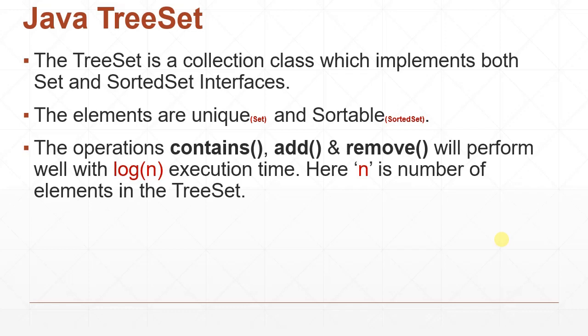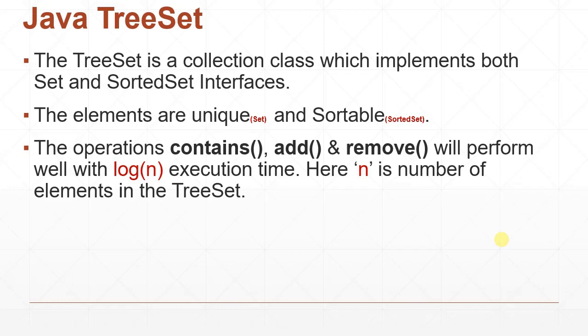The operations contains, add, and remove will perform well with log n execution time. Here n is the number of elements currently available in the TreeSet. So we know the formula of log n, right? Log 10 is 1, log 100 is 2, and log 1000 is 3.